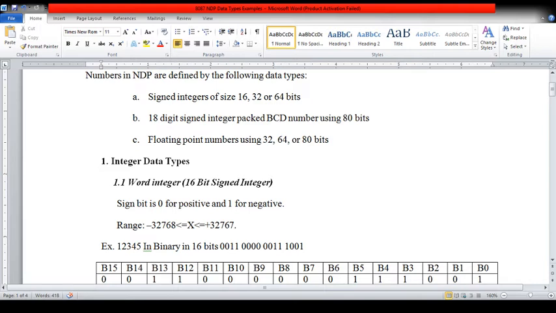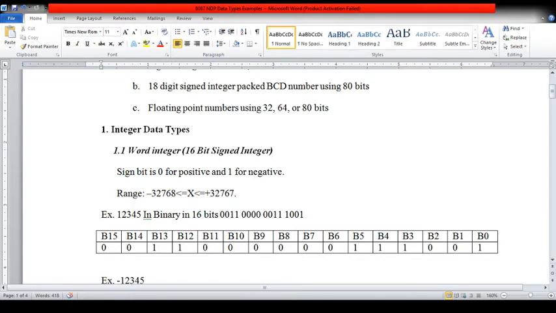In the integer data types, the first subtype is the word integer, which is of 16 bits. This supports signed integers. Signed refers to positive as well as negative numbers. Out of 16 bits, the MSB is used for representing the sign. If the sign is 0, my number is positive, and if the sign is 1, it stands for a negative number.